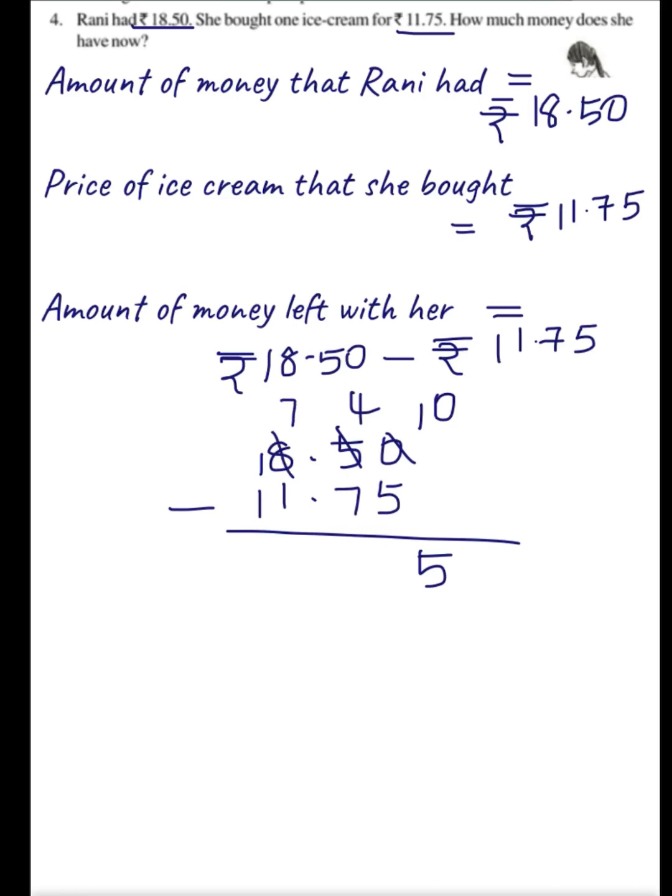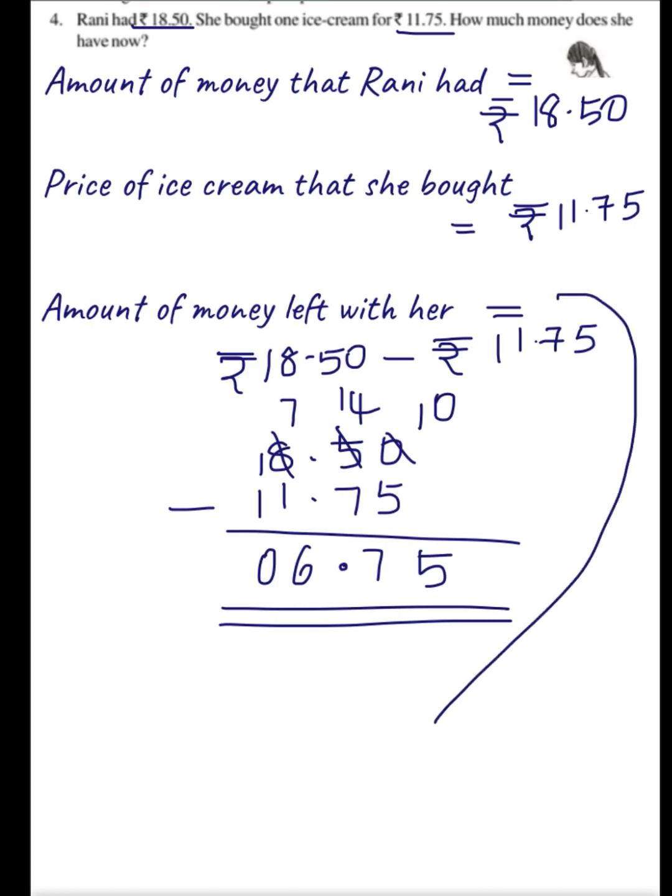So we will take 1. So this will become 14. 14 minus 7 is 7. 7 minus 1 is 6. 1 minus 1 is 0. So you will put the decimal point here. So the answer will be 6.75. That is, the amount of money left with her is equal to rupees 6.75. Okay, this will be the answer for the fourth question.